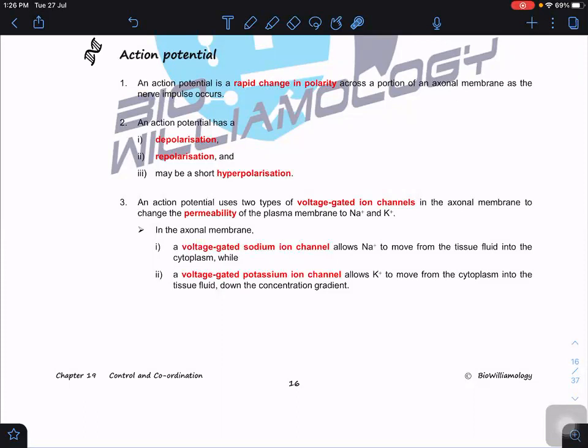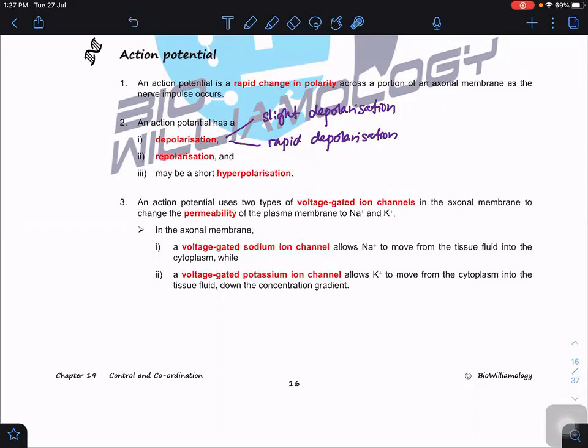Okay, so action potential will have these three phases. Depolarization, which can be subdivided into slight depolarization and continue with the rapid depolarization. First, we know that at resting membrane potential, the membrane is polarized.